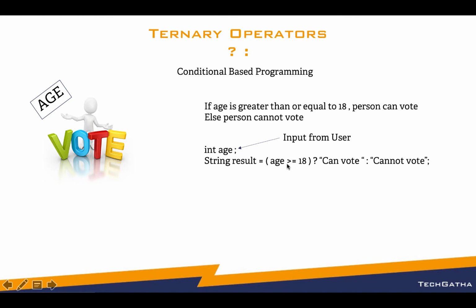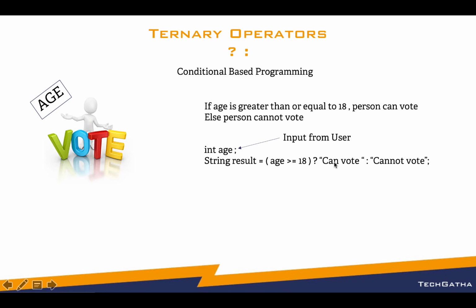So the syntax is: before the question mark is the expression, and make sure this expression returns either true or false. If it is true, whatever you write after the question mark executes. If false, whatever you write after the colon executes.